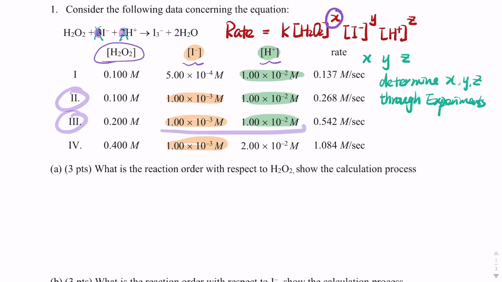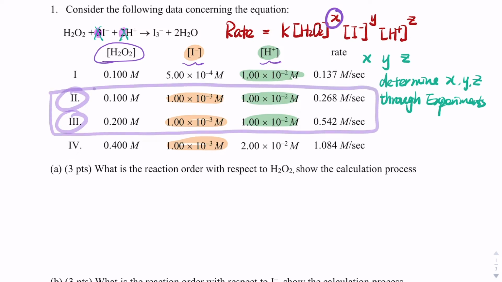Under this data set, these 2 are constants, so they can cancel out, and these 2 are different, perfect. That's the number we need for the calculation. So we'll use experiment 2 and 3.